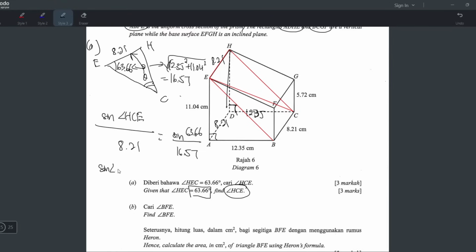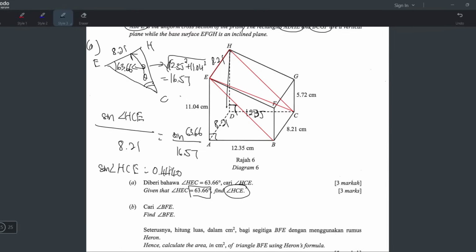So now I can find sine HCE, and then I'll just press this one, divide this one, multiply this one. So let's press sine 63.66 equals, divide 16.66, times 8.21. So my calculator gives me 0.4440. And then now I just shift sine answer. So shift sine answer, and I get 26.36.